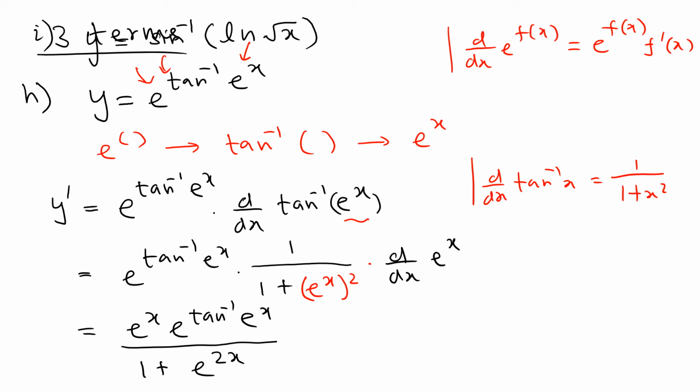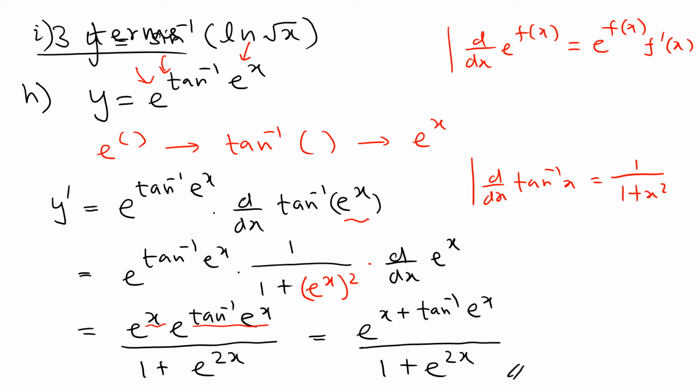So this is not done here. You can see we have these two exponents, and you can combine them into one. So finally we can write the answer as e to the x plus tan inverse e^x, divided by 1 plus e to the 2x, as the final answer. So it's not complicated, but there are extra steps here.